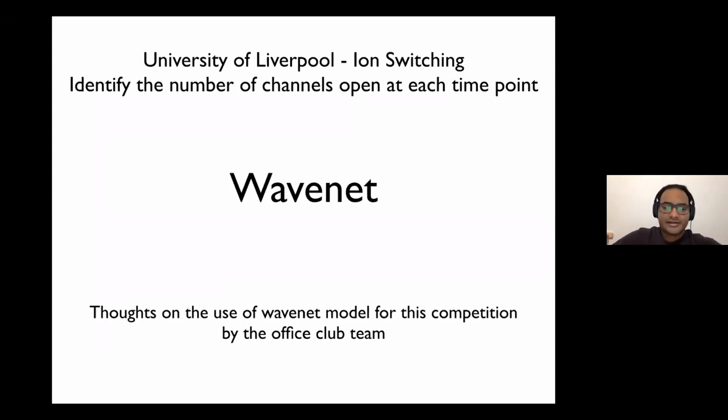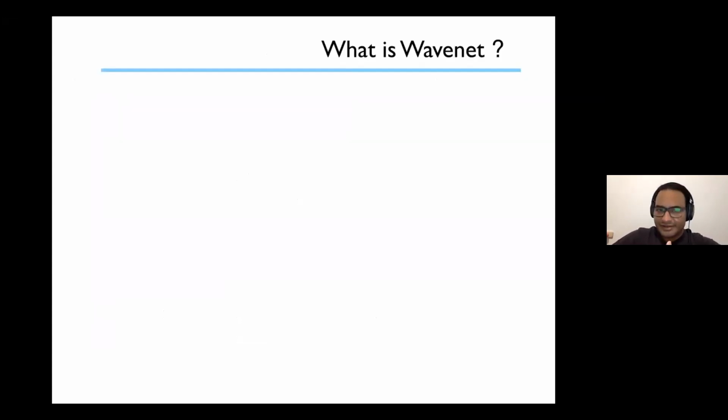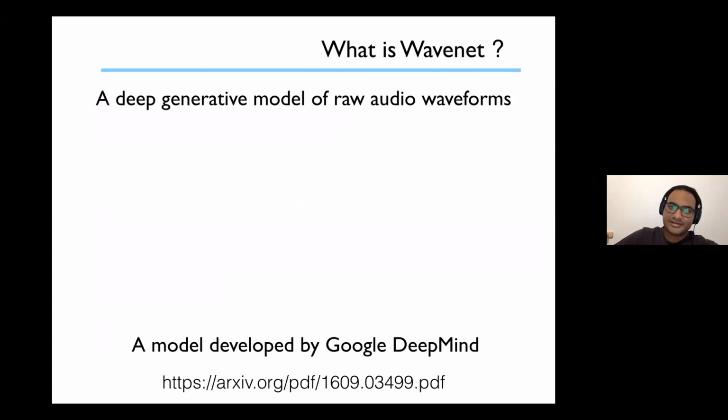All right. So what is Wavenet? Well, it's a deep generative model based on deep neural network of raw audio waveforms. And it's a model that was developed by the DeepMind team at Google. And in the bottom, you can see the reference of the paper. It's a model they published in 2016.